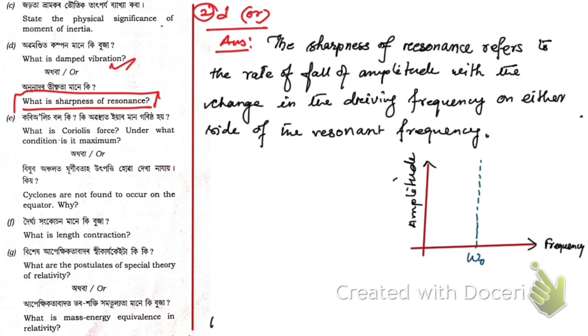This is the natural frequency, omega naught, and the frequency of the driving force is P. In case of damped oscillation, right, if there exists a damping force, it depends on when you are going to have the maximum amplitude. It is not necessary that you will have the maximum amplitude when P is equal to omega naught. It depends on the damping force.